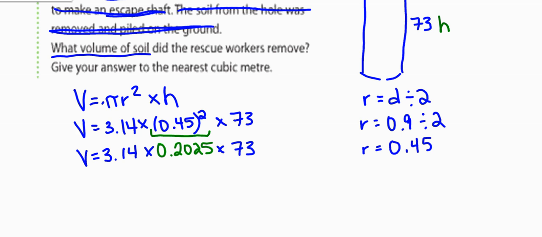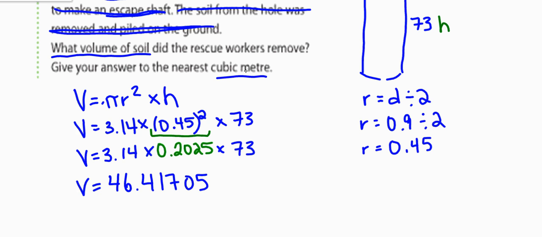Next, I have multiplication and multiplication, so I can put all of this into my calculator at the same time. So 3.14 times 0.2025 times 73 is equal to 46.41705. Now, the question is asking us for the nearest meter, so that's a whole meter.